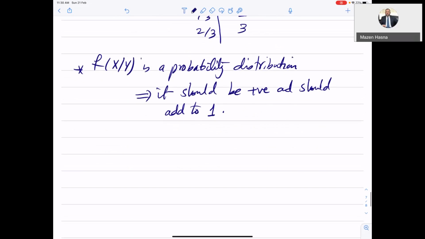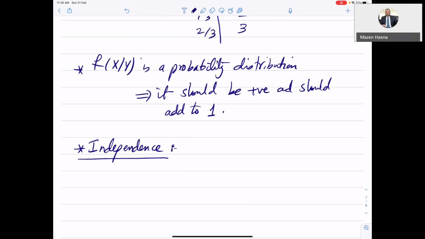Okay. The last thing I want to talk about today is the notion of independence. Independence is more or less the same definition that we talked about before, but it becomes more important here because we are talking about joint probability distributions.